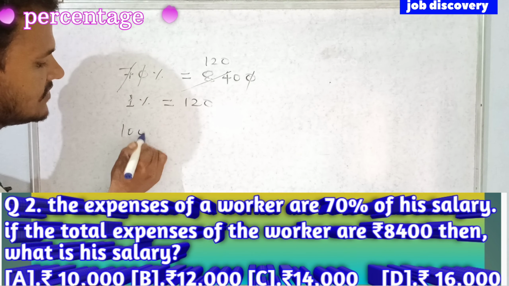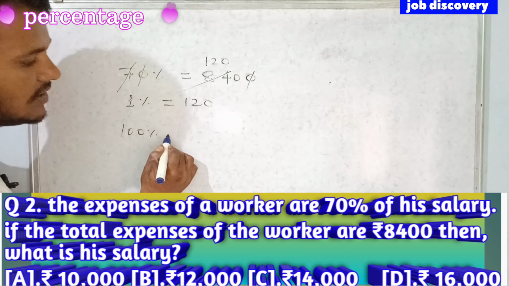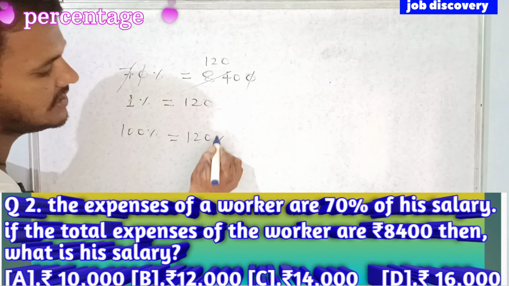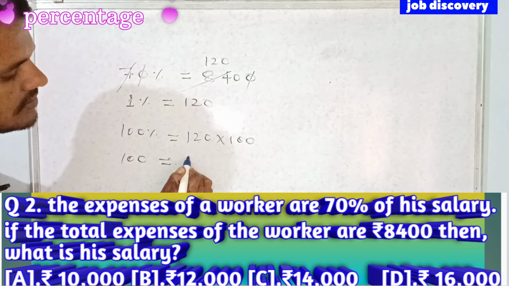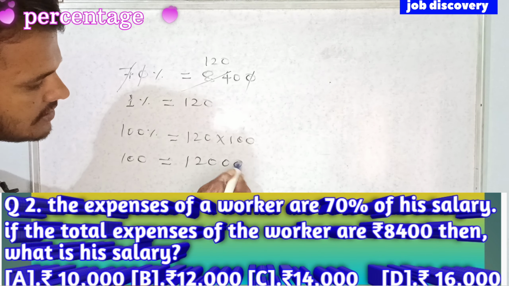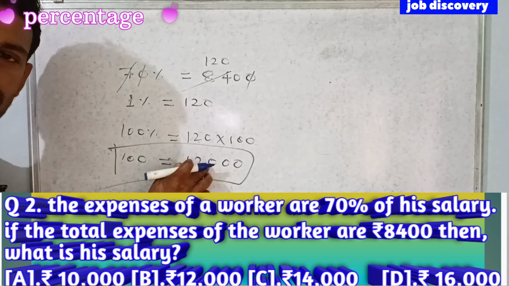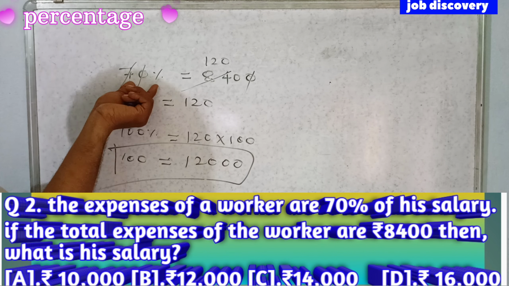So 100% will be 1 into 100. So 100% is equal to 120 into 100, which is 12,000. So his salary is 12,000. His expenses is 70%.